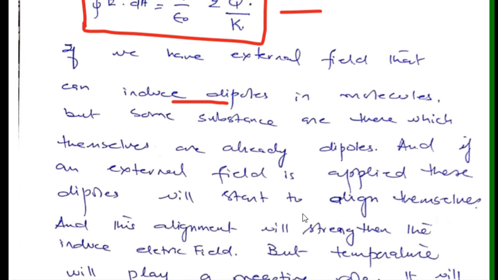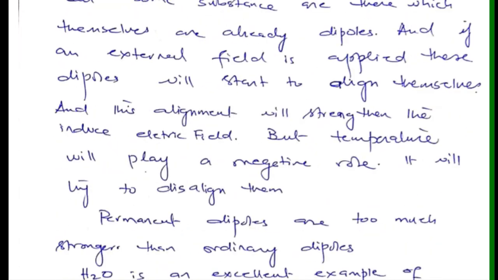But make sure that the temperature does not go very high, because the temperature then plays a negative role here and will try to disalign the charges, and we won't be getting a strong induced layer of charges there. So if the strength is required, then the temperature must stay down, otherwise it will play a negative role here.